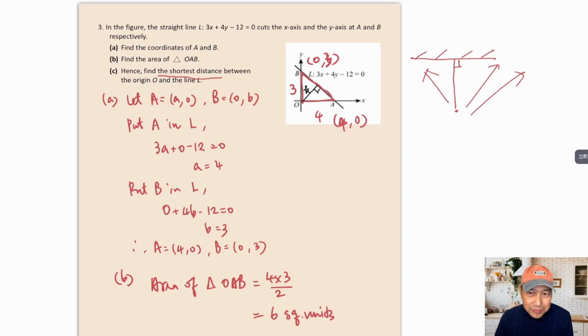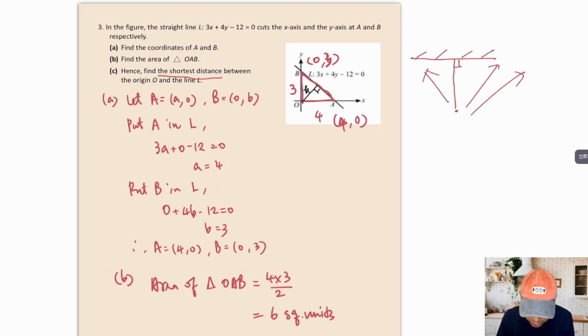Now, to find the area of triangle OAB, there should be two ways. One way is base times height, which we know from part B is 6 square units. But we can look at the triangle OAB in a different way.